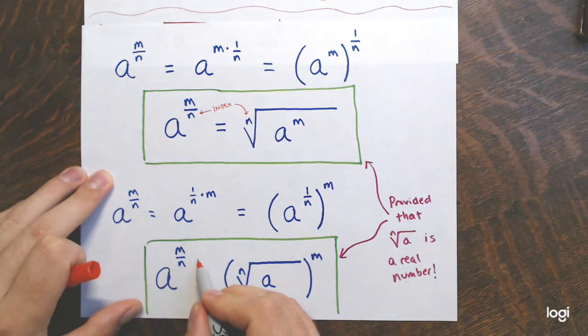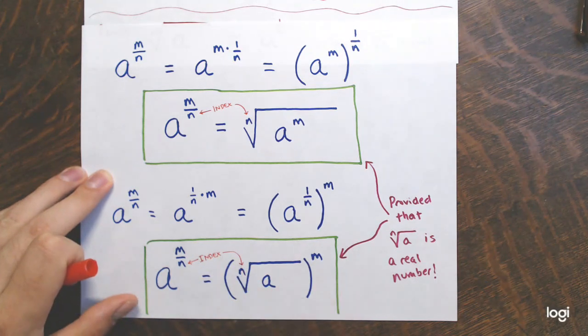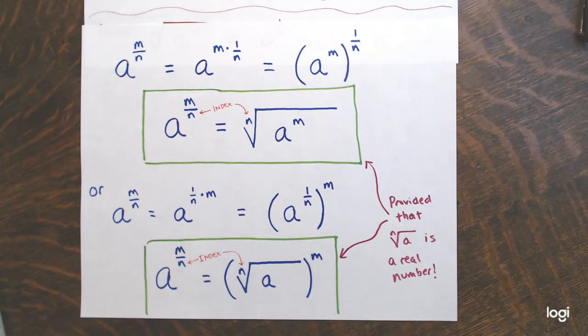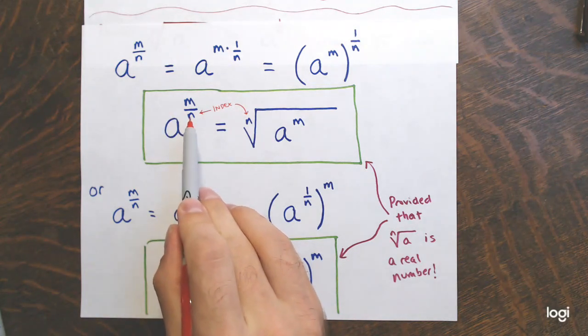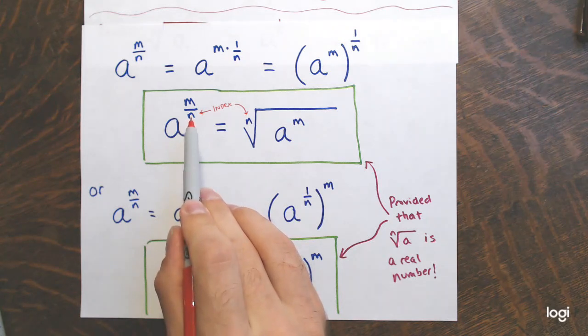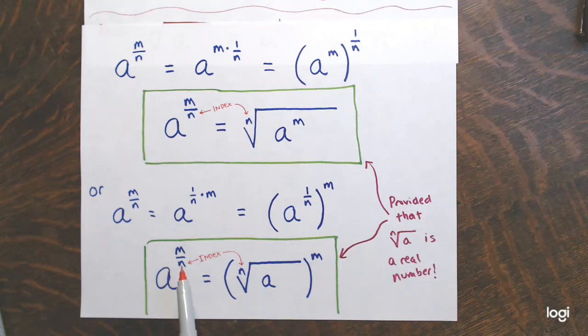The denominator of the fraction exponent tells you the index of the radical in your radical expression. So if your denominator is even, 2, 4, 6, 8, but the base a is negative, then we can't evaluate this. This won't be a real number.